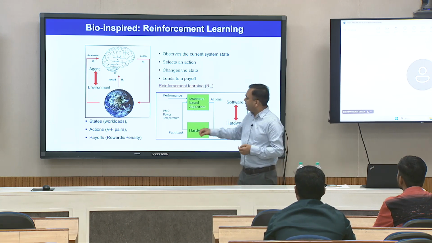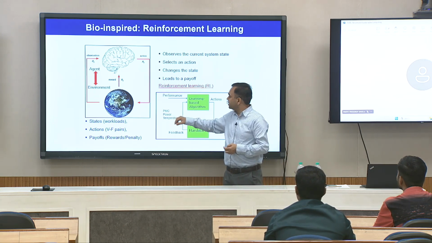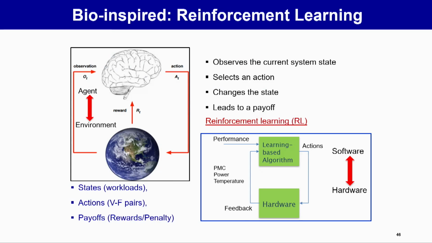There are sensors, so you can get temperature and power, and you can get other values from registers called performance monitoring counters: how many instructions per second are happening, what the CPU cycle count is, or what the utilization of the hardware is. Utilization you can always see in the CPU.